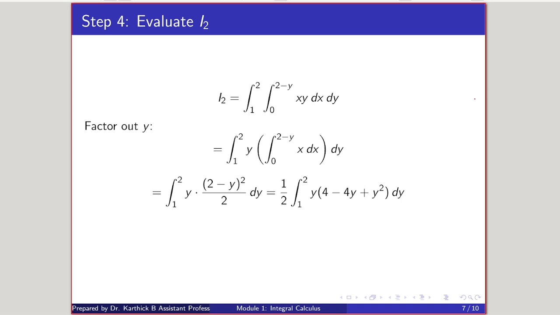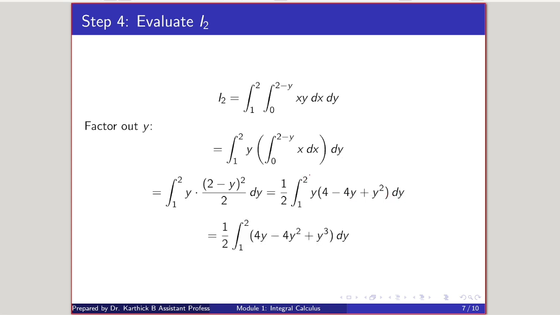We substitute the upper limit and the lower limit. The lower limit is 0, so nothing happens. Simply the upper limit gives 2 minus y the whole square. Here I take the constant 1 by 2 outside of the integral. Then remaining it will be y into (2 minus y) whole square. We may apply the formula (a minus b) whole square, so we get 4 minus 4y plus y square, into dy.